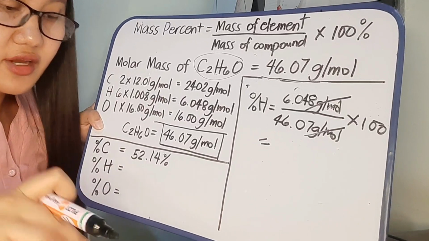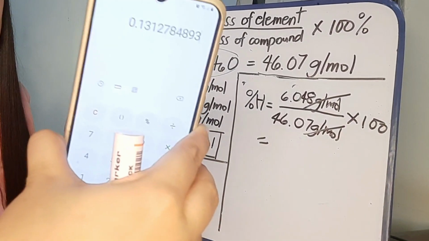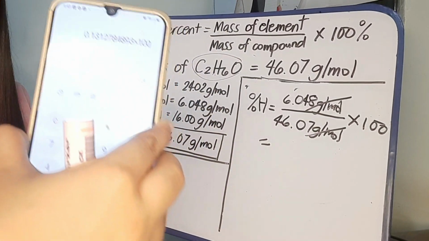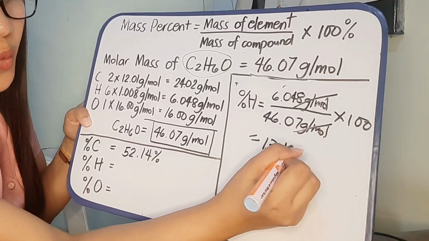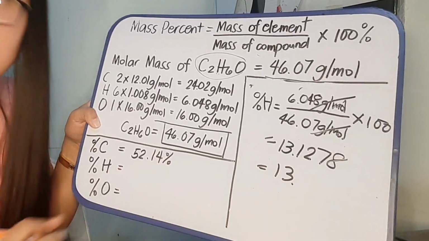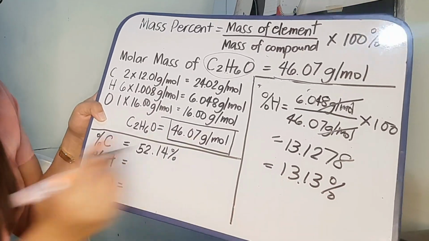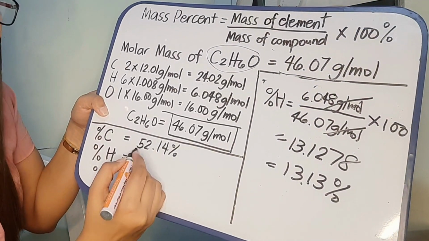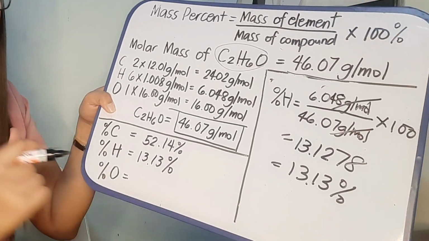And then, kuha ulit natin yung calculator. Mahaba ulit siya. Idediretso na natin siya sa times 100, and the answer is 13.1278. Mahaba pa, so putulin ulit natin sa 2 decimal places. So, we have 13.13%. Meaning to say, ang ating mass percent of hydrogen is 13.13%. Now, last.